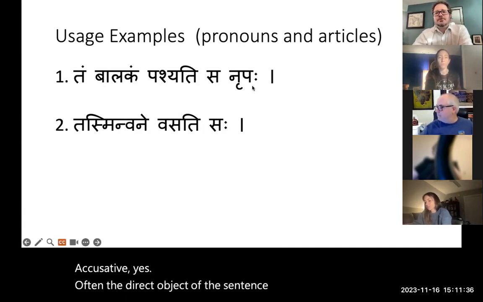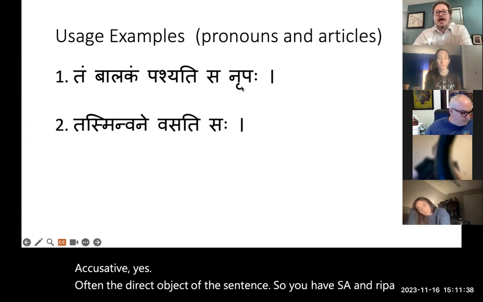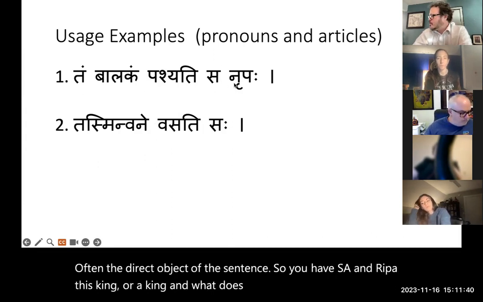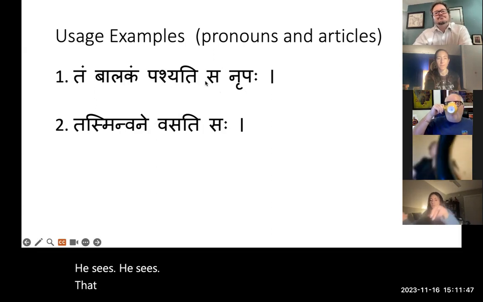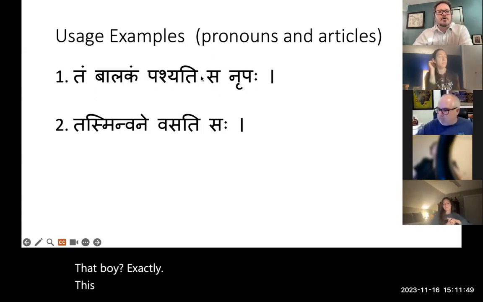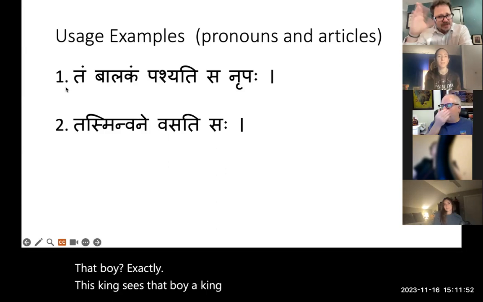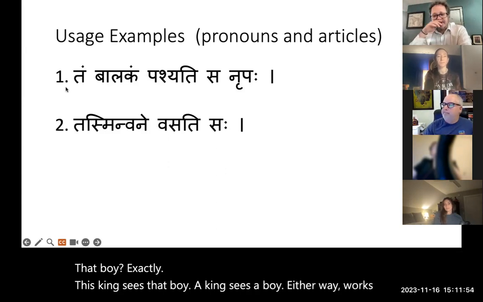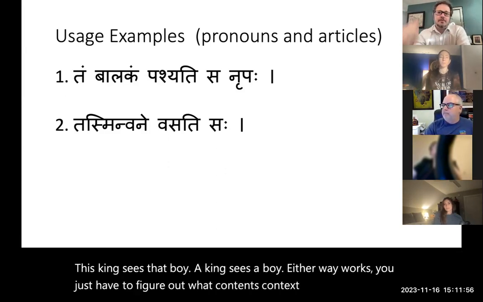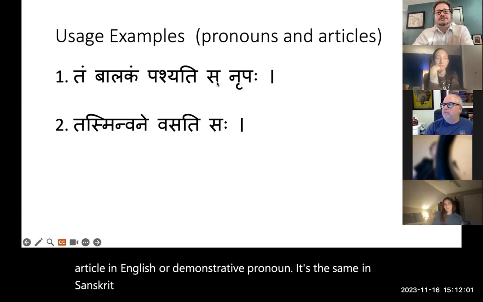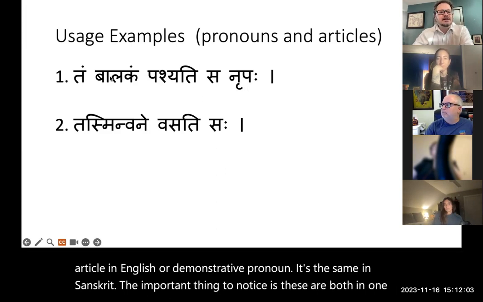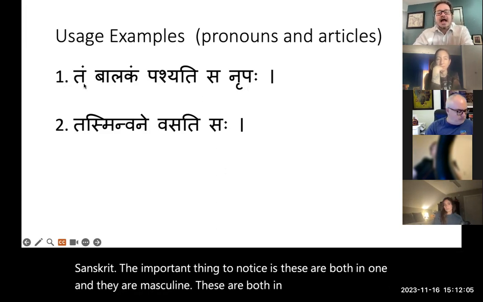So you have sa nripa, this king or a king, and what does he do? He sees that boy. This king sees that boy. A king sees a boy. Either way works. You just have to figure out with context whether it's an article in English or a demonstrative pronoun. It's the same in Sanskrit. The important thing to notice is these are both in one and they are masculine. These are both in two and they are also masculine.